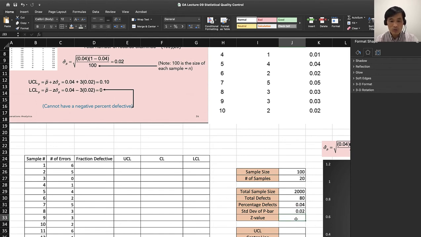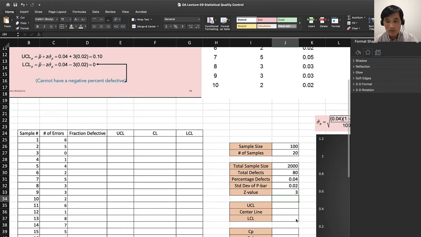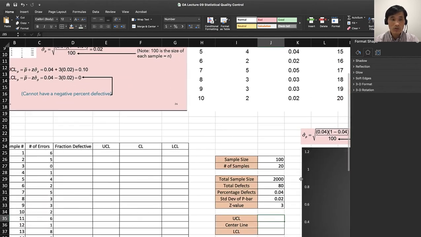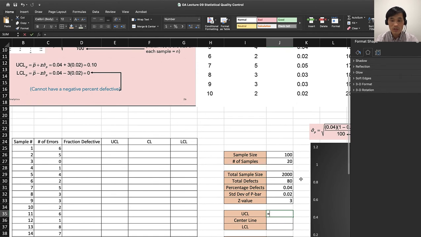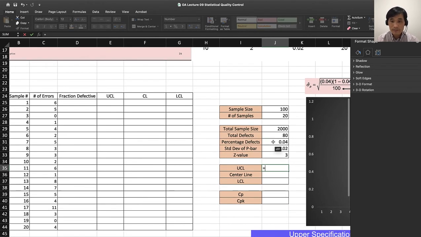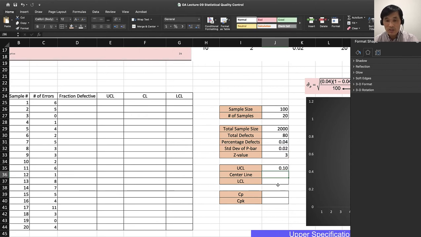And the z value that we are going to use is 3. So I'm going to just type 3. So the upper control limit is p bar plus z value times the standard deviation of p bar. So that's there.